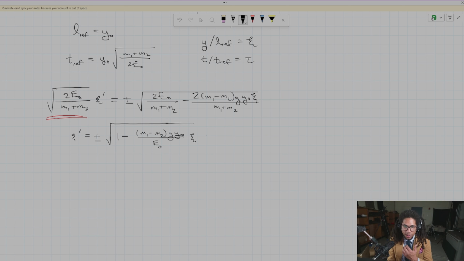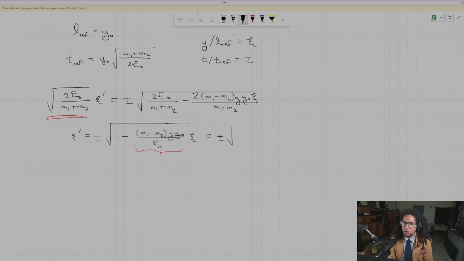So now I need to write this in terms of a dimensionless parameter. This thing is dimensionless, but I'm not going to write this by itself as a single dimensionless parameter, and that's because it's not always positive. It depends on the sign of m1 minus m2. So I'm going to write it in the following way.